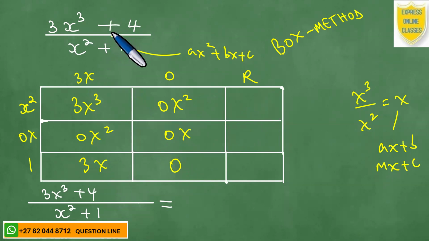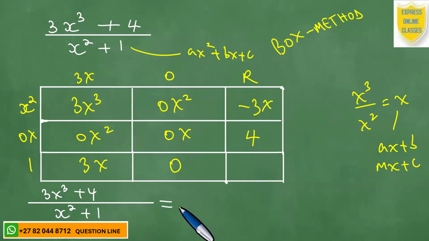There's no x term there, so we must add here a minus 3x, because 3x plus 0x minus 3x gives us 0. So there's no x term there, only x cubed and the constant. And therefore you need to also add a number here such that the sum is 4, and the result is exactly a 4 there, we can see clearly.